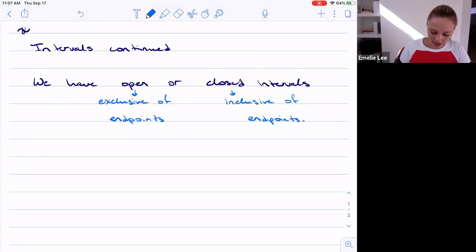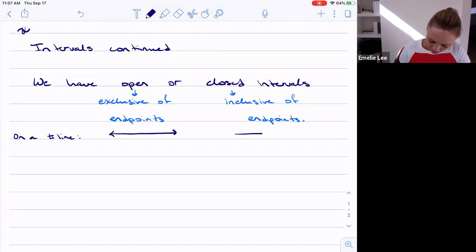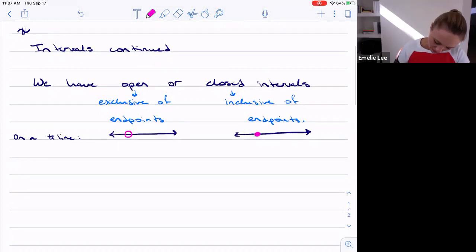So on a number line, it would look something like this. We've got our number line here and our number line here. We said that to indicate an open interval, or an open endpoint, we would just do an open dot, versus a closed dot for the closed endpoint.